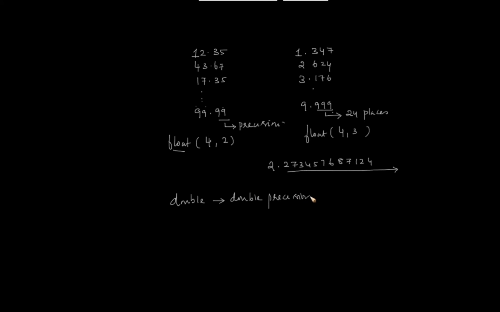So here you can go up to 24 places. If you declare it as double, you can go up to 53 decimal places, right? If you are doing highly scientific calculations, you can go for double precision, but most of the cases we need only floating point. We are not going to use more than 24 decimal places in regular usage, right? So float and double are what you use for representing fractions.